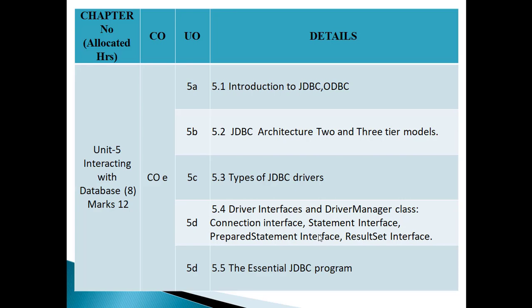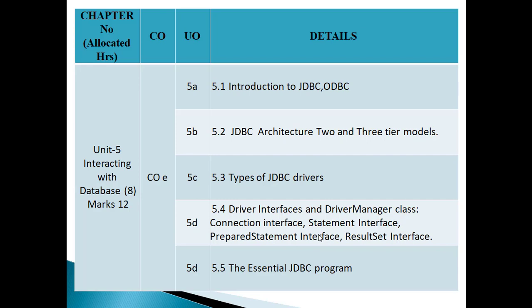5.2, JDBC architecture, 2-tier and 3-tier models. In 2-tier architecture, client and server are responsible. In 3-tier architecture, client, server and database, these 3 components are responsible for performing the operations. Next point, 3rd, is the types of JDBC drivers.